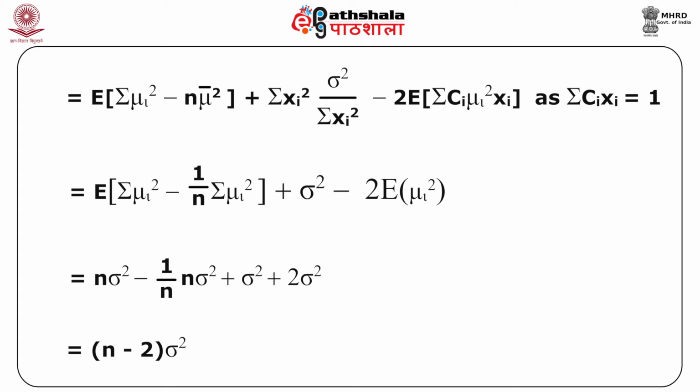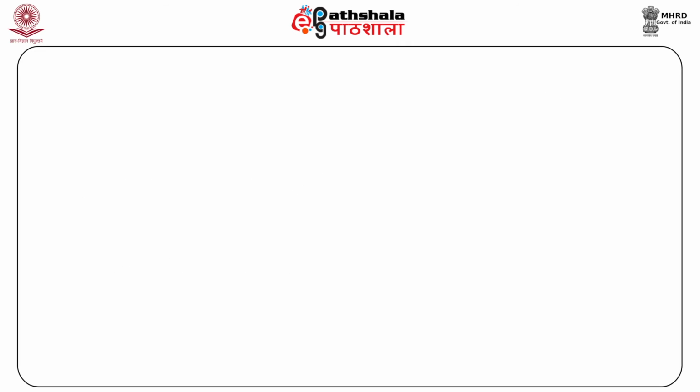This is equal to expectation summation mu i square minus 1 by n summation mu i square plus sigma square minus 2 expectation mu i square. This is equal to n sigma square minus 1 upon n into n sigma square plus sigma square minus 2 sigma square. This is equal to (n minus 2) sigma square.